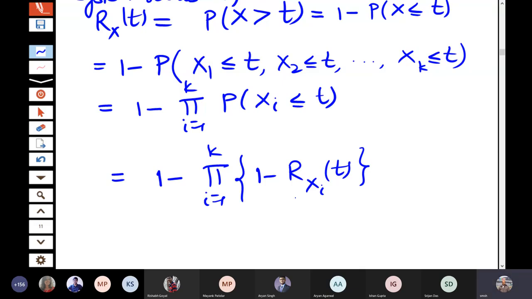So let us just calculate with 0.9. Suppose we have 10 components, then what is the answer here? I will get 1 minus 0.1 to the power 10. So what do you get? You get 0.9999999999, that is, 9 is coming 10 times.